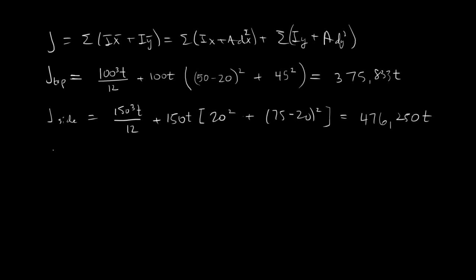So J is the J from the top plus the J from the side, which is equal to 852,083 times t.